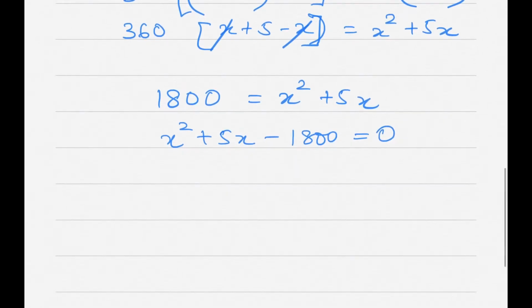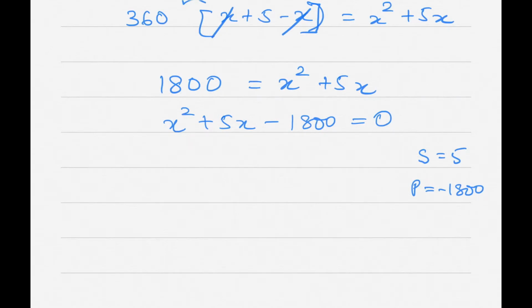So now let's see. My sum has to be plus 5 and my product has to be minus 1800. Okay guys, I can easily figure out that my two numbers would be plus 45 and minus 40.